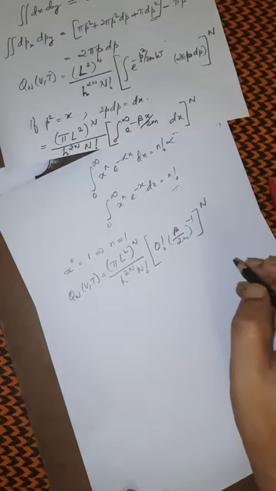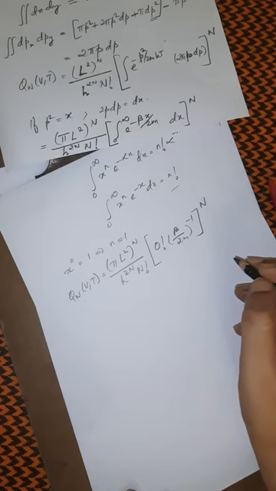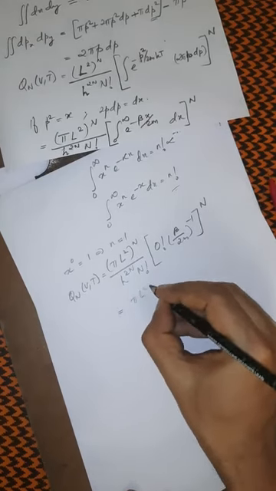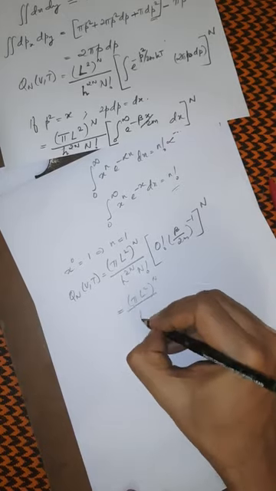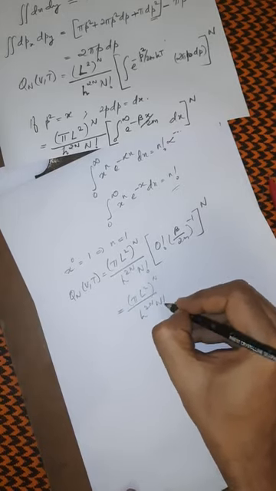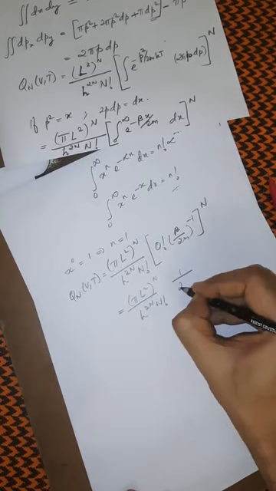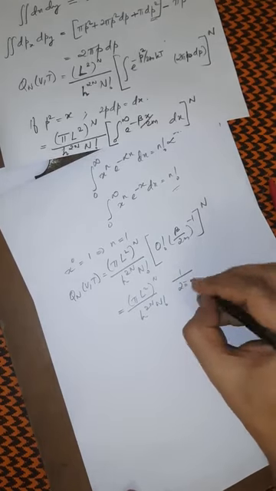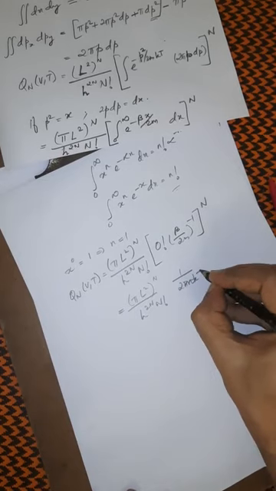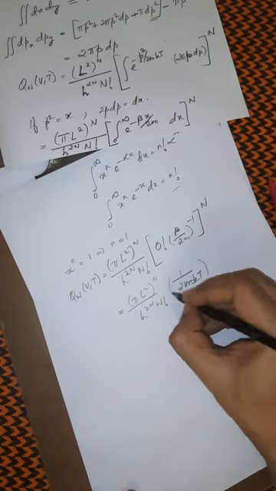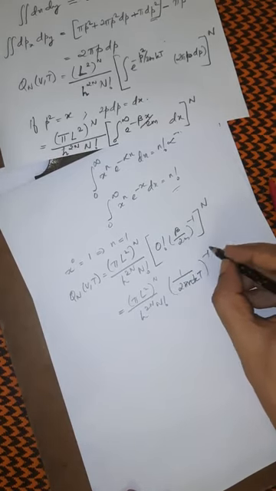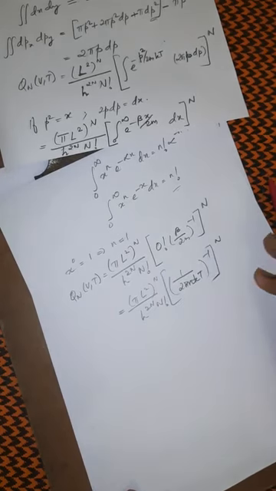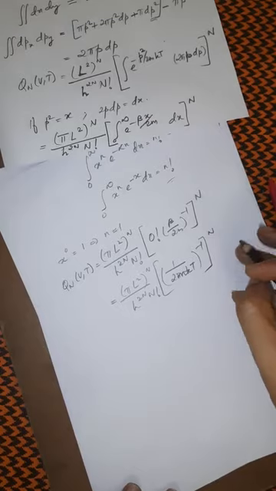It is 1, right? So therefore I can write down that expression as (πL²)^N divided by h^(2N) N! times (1 by 2π m, not 2π, it is 2m kT) raised to minus 1, raised to N, because 0 factorial is equal to 1.